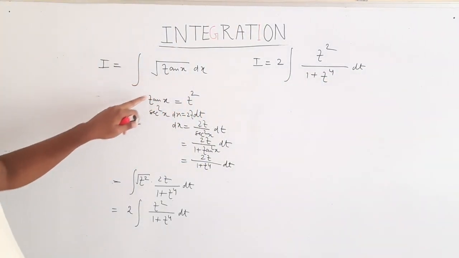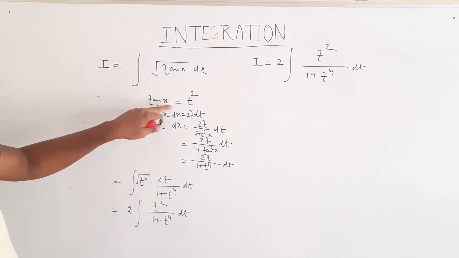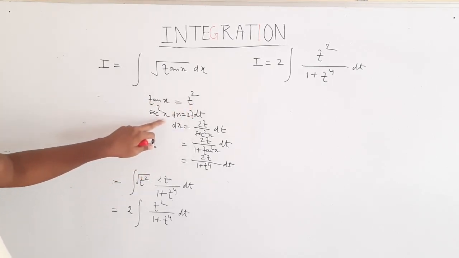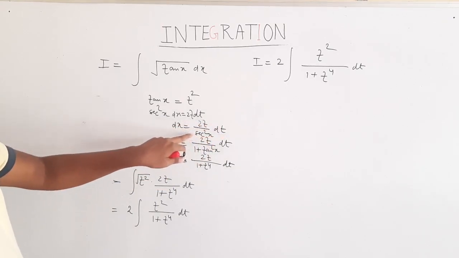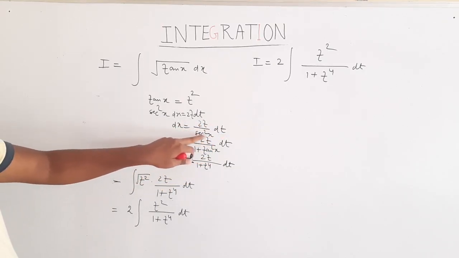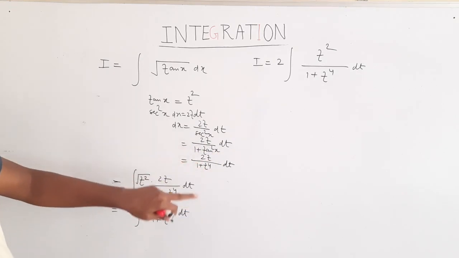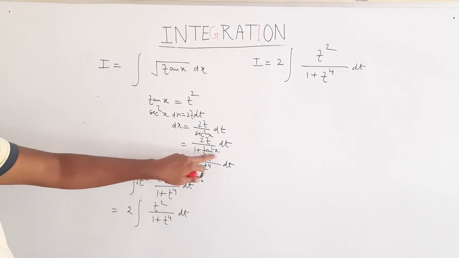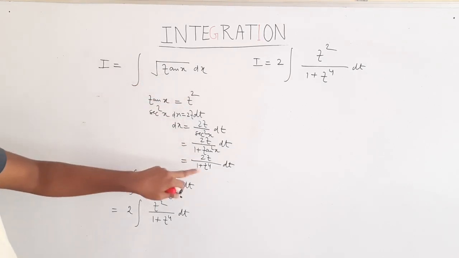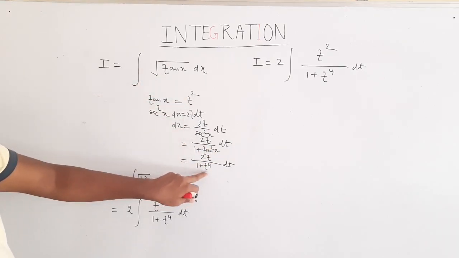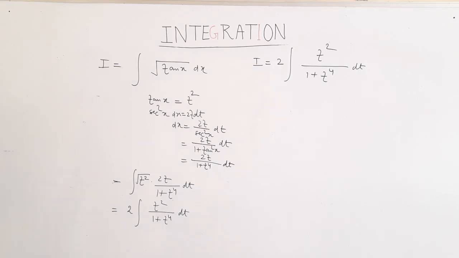I assume root tan x as t square. So sec square x dx is 2t dt. So dx is 2t dt over sec square x, and sec square x can be written as 1 plus tan square x, and tan x is t square, so tan square x is t to the power 4. This is what we have done so far.